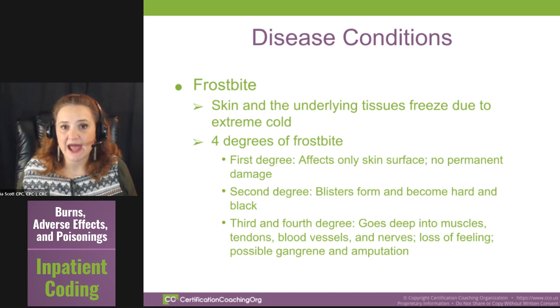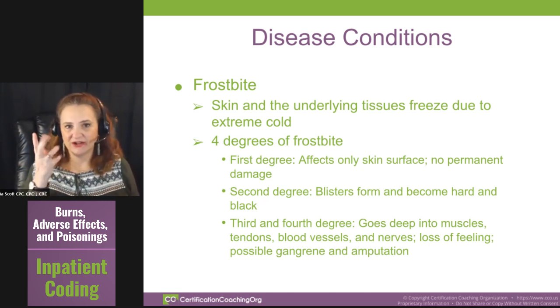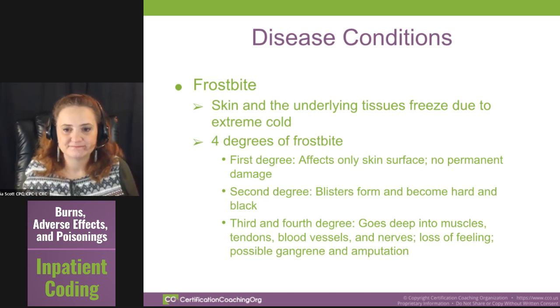So just because it turns black doesn't mean we have third and fourth degree, but if you have third and fourth degree, yeah, it's going to be black. And the people that I've seen, or you can go out and Google image frostbite, mountain climbers is who I always think of. Their noses, and they can lose fingers and toes. Okay.